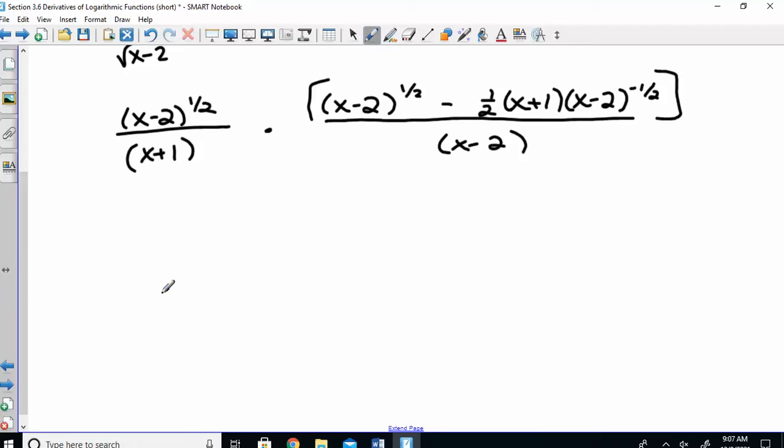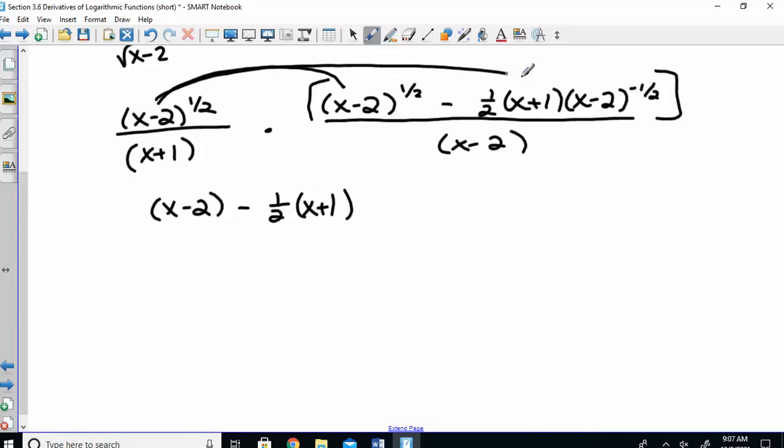When I multiply these two, you add your exponents and it just becomes 2 to the first. So it's just an x minus 2. Minus 1/2 x plus 1. When I multiply these and add those exponents, we get the 0 power, so that part's gone. Is it proper notation to leave a fraction in a fraction?